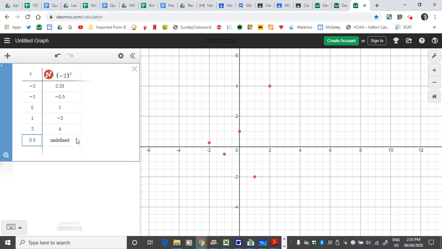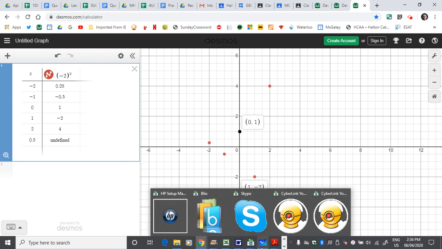I'm hoping that as we take a peek at that, we might see why that's undefined. Ask yourself, what is an exponent of 1/2? It's a square root. And if it's a square root, can you take the square root of -2? No. We should then see why we cannot connect 0, 1 with 1, -2, which means that we get all these separated points, and therefore we do not have an exponential function.